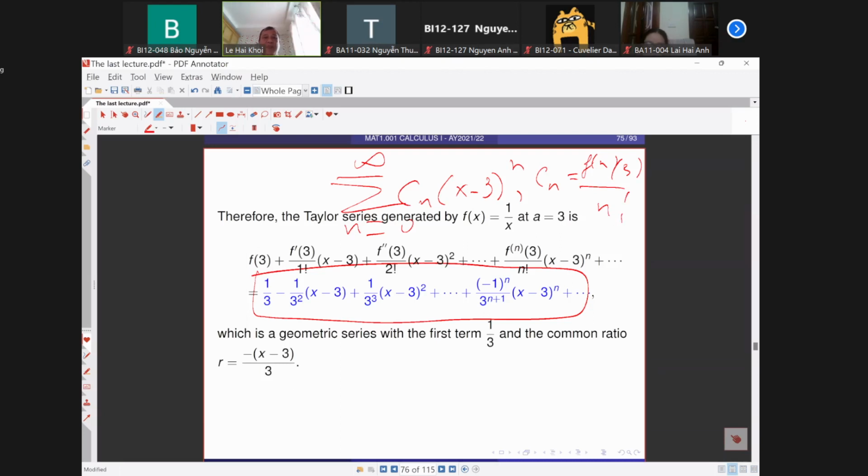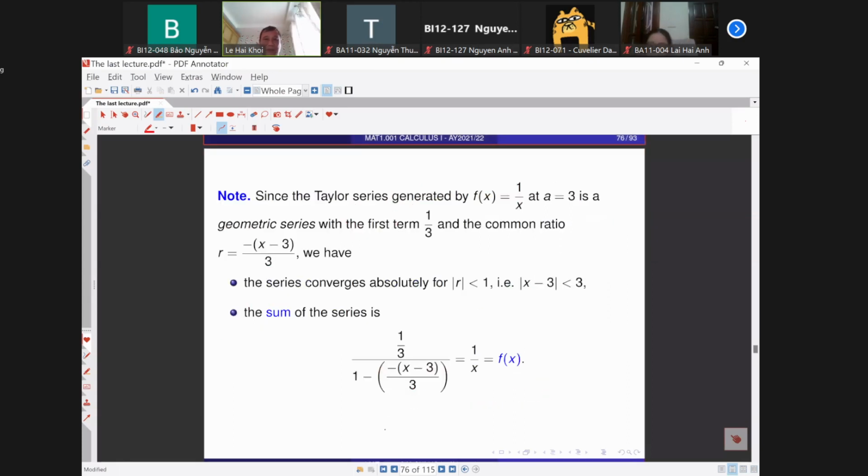Here, what is that? This is a geometric series. The first term is 1 over 3, the common ratio is negative (x minus 3) over 3. And because this is a geometric series, you understand for what values of x this series converges, right? The modulus of the ratio less than 1. You have convergence.